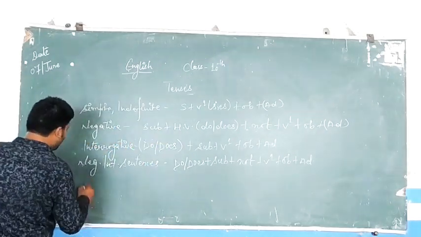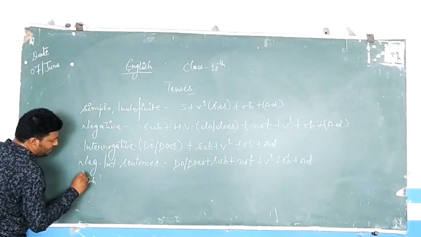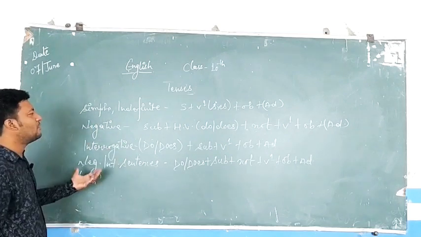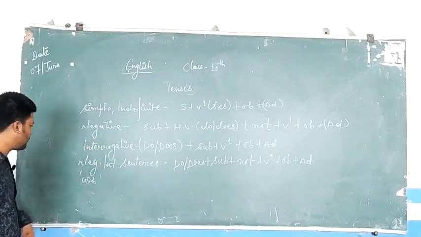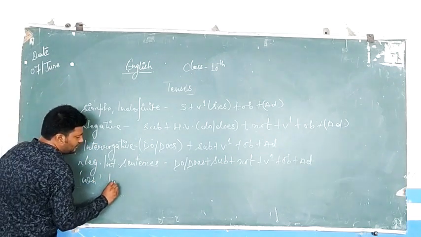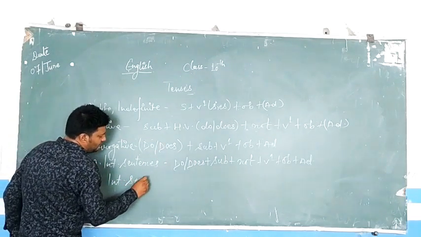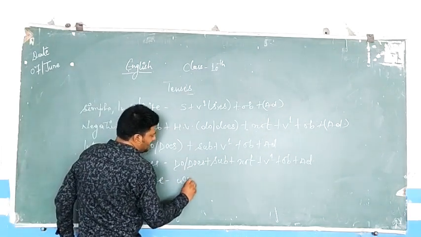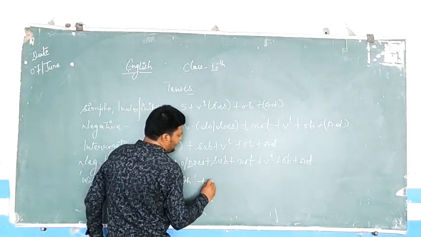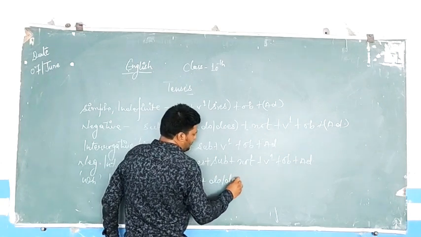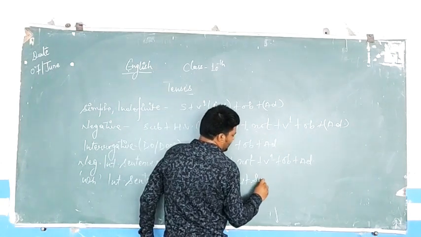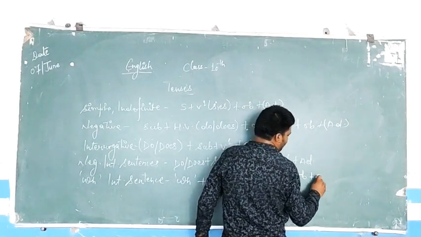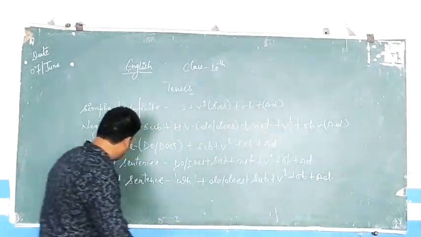Then comes the WH word. I will explain, don't worry, but first for your help, if you want, please note it down in your notebook. Interrogative sentences with the WH word: WH word plus helping verb, that is do or does, plus subject plus verb first form plus object plus adverb.